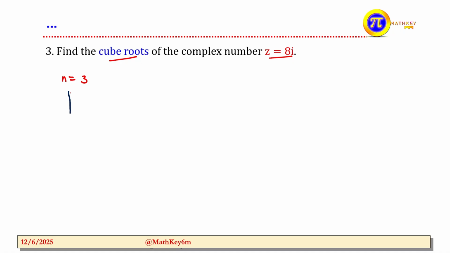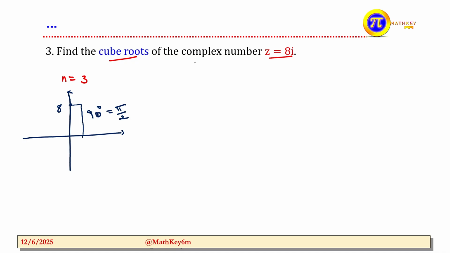If we consider our complex plane map, 8i means there is no real part here, but the imaginary part is positive, around here, that is 8. If you move from the positive x-axis to this y-axis, it measures 90 degrees. This 90 degrees means pi over 2.